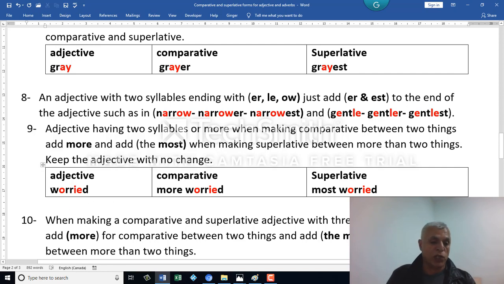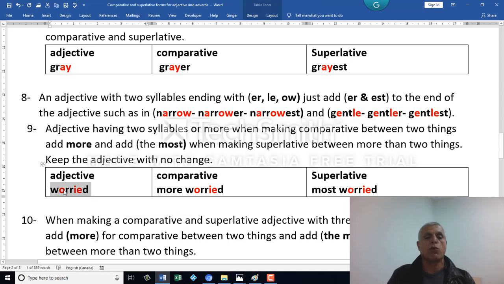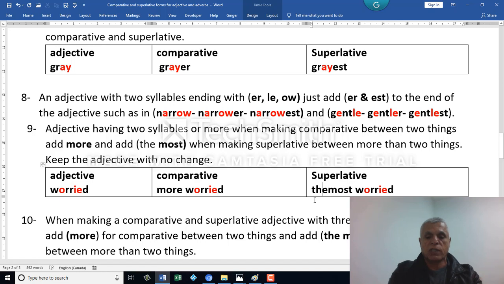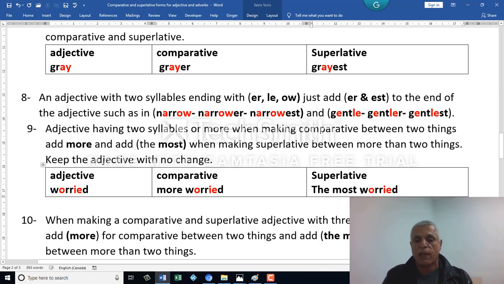For example, look here, we have worried, because it's two syllables. Then we add more: more worried. We don't change the adjective, we just add more in front of it. And then we add the most for the superlative. We keep the adjective with no change because it's two syllables.